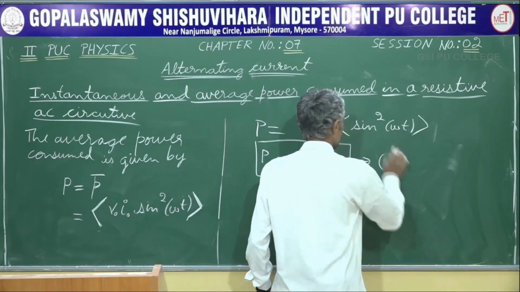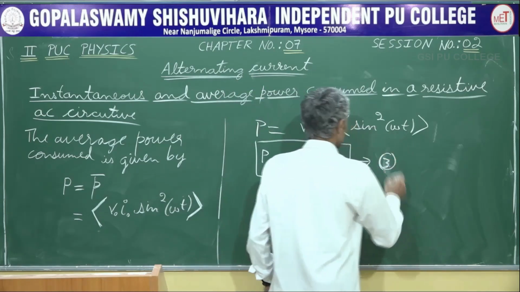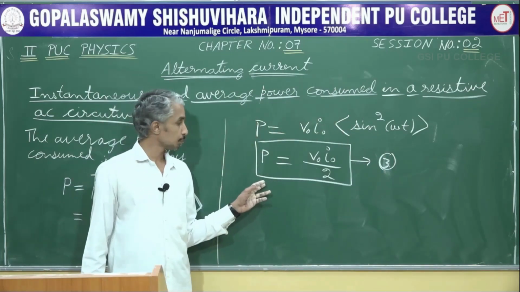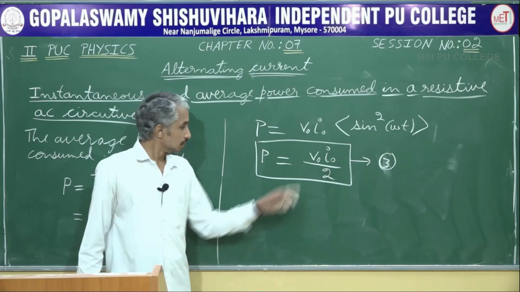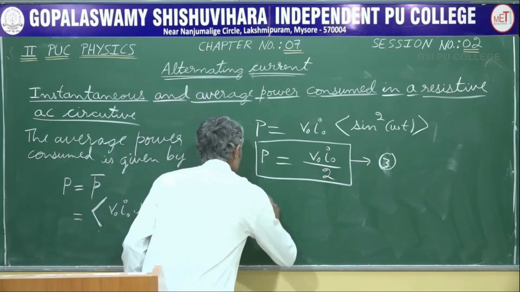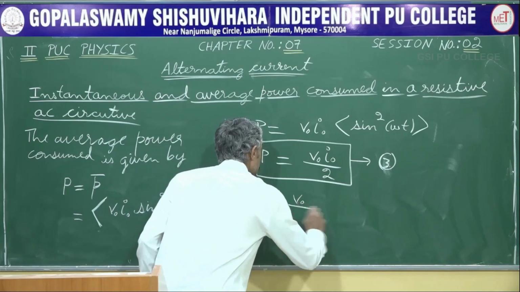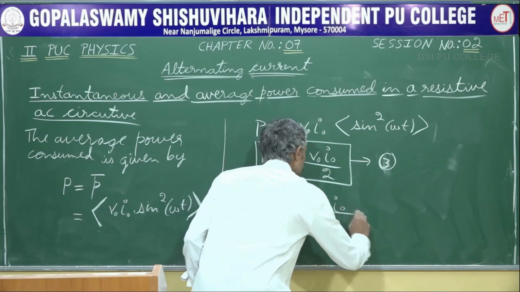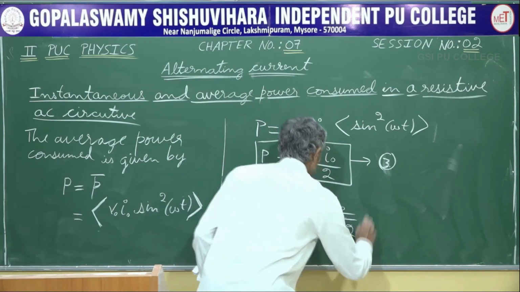Equation 3. So, this is the expression for average power consumed in a pure resistive circuit. This V naught into I naught by 2 can also be written as V naught by root 2 into I naught by root 2.